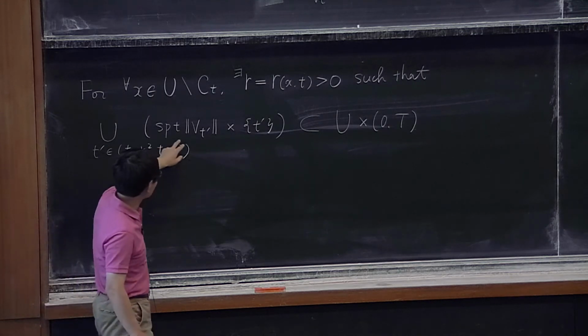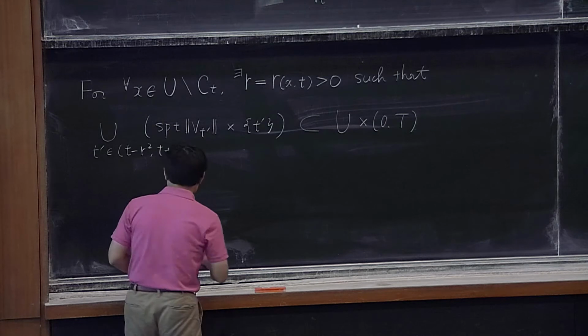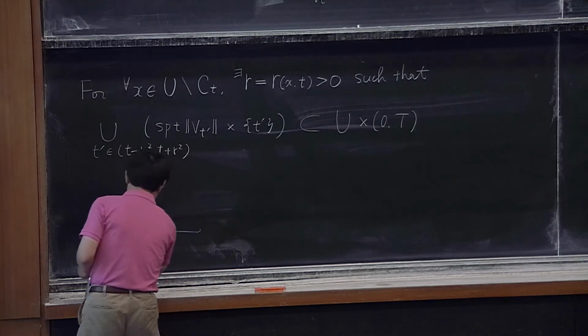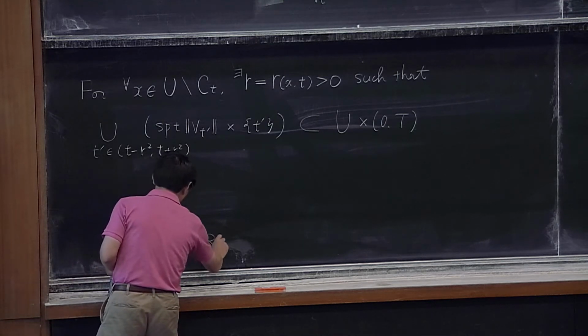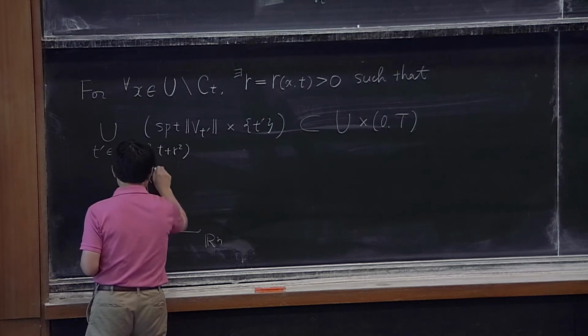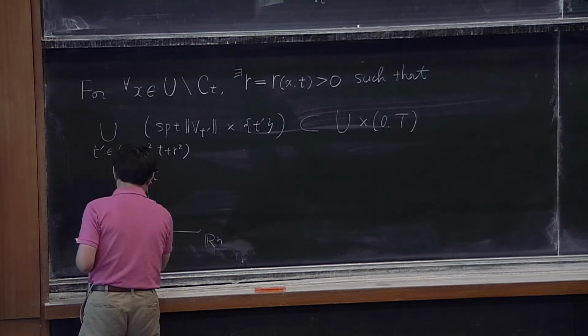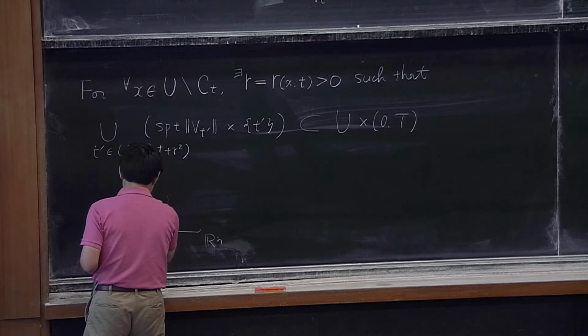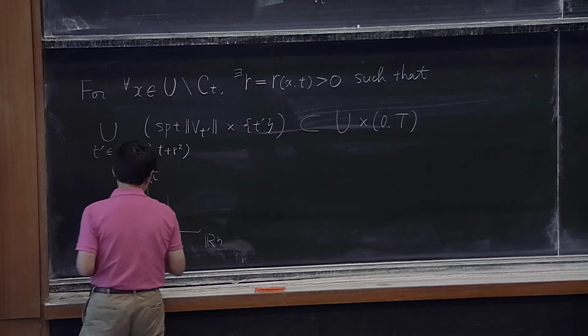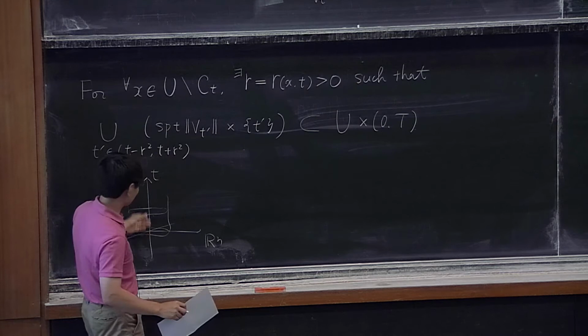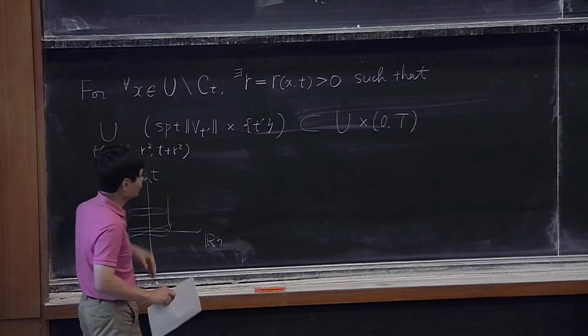I hope that makes sense. This is more like, suppose this is R^n and this is time. Then you have a sort of motion, and this is a sort of space track of this motion.